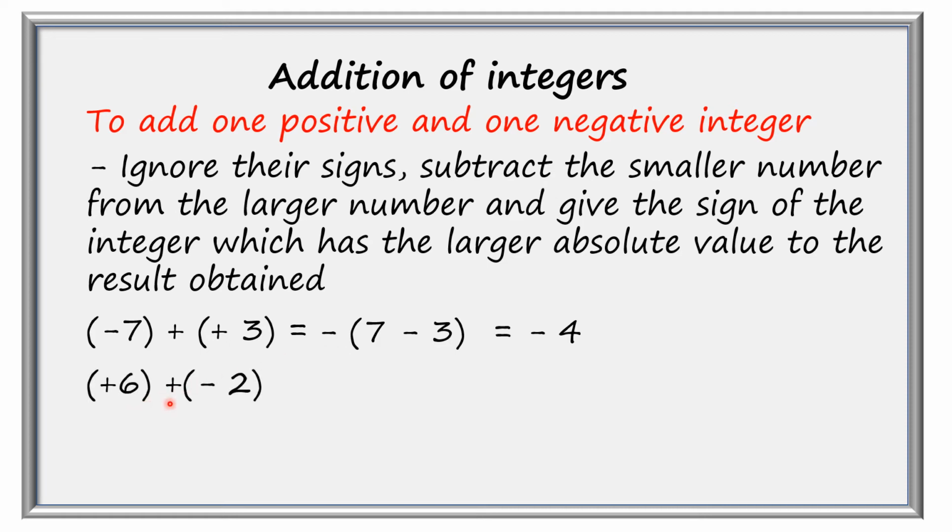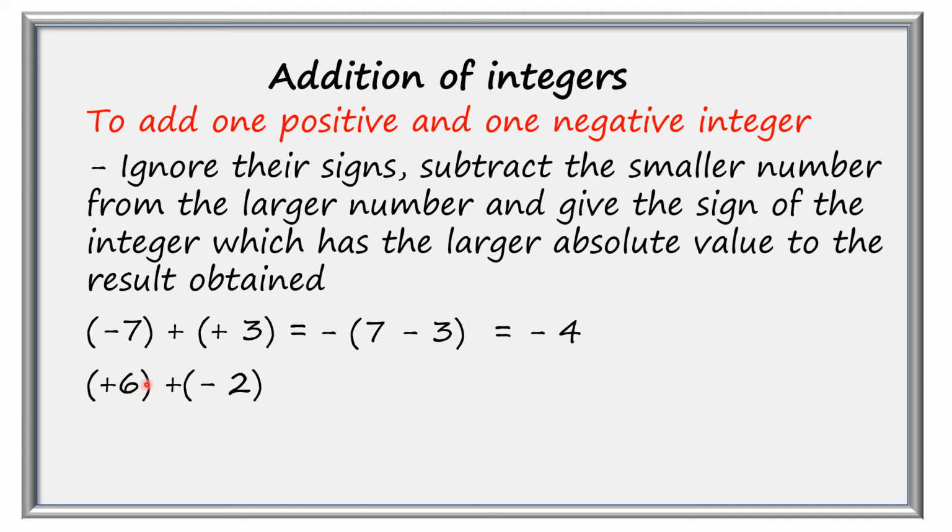Let us do one more question here. Plus 6 plus minus 2. 6 is a positive integer and 2 is a negative integer. We need to add them. But because there is one positive and one negative, we will subtract 6 minus 2 and the answer is 4. But with which sign? We will decide the sign according to the absolute values.